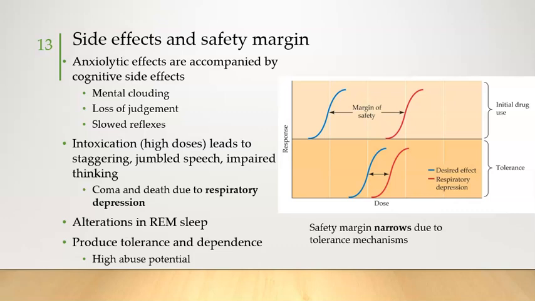So we've got some mental clouding, loss of judgment, slowed reflexes, everything's kind of slower, kind of fuzzy. Intoxication happens in high doses, which can lead to staggering, jumbled speech, and impaired thinking. When taken too much and you fall into that coma or death, it's due to respiratory depression.